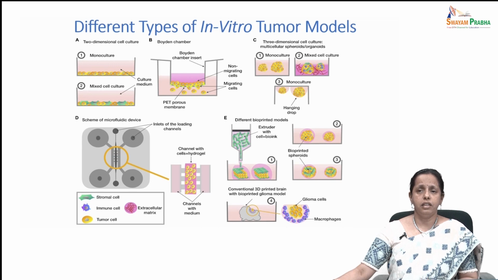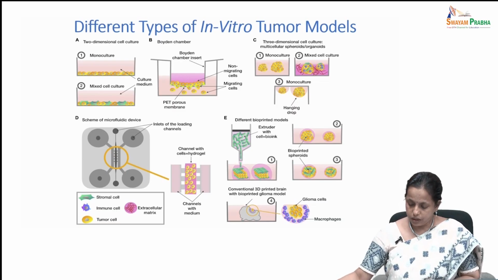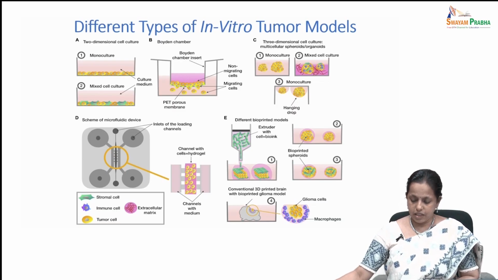And here again are tumor bioprinting models, where a tumor model is layered along with layers of stromal cells, as we can see here. Bioprinted spheroids are also present, consisting of tumor cells with stromal cells.